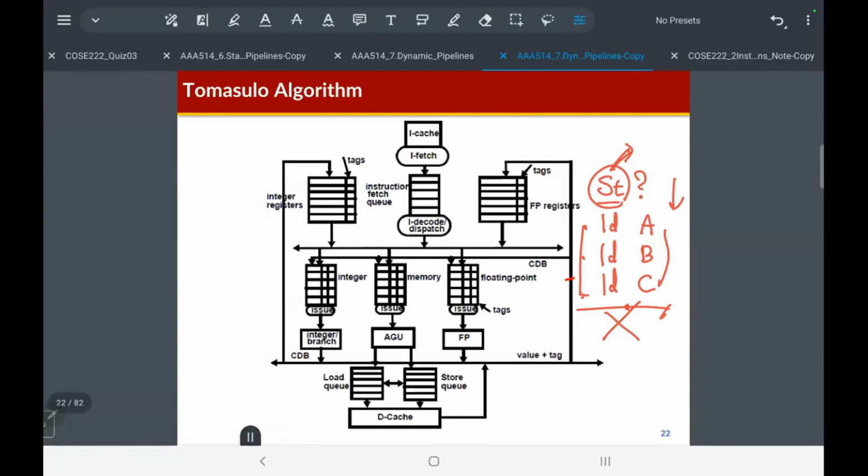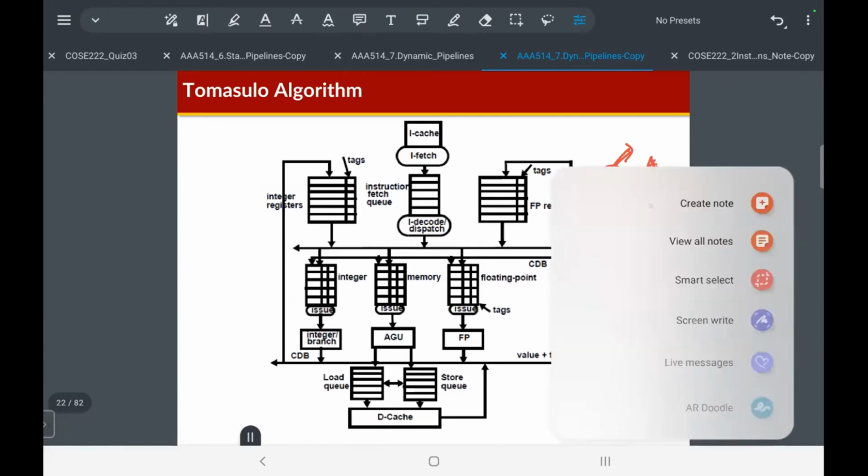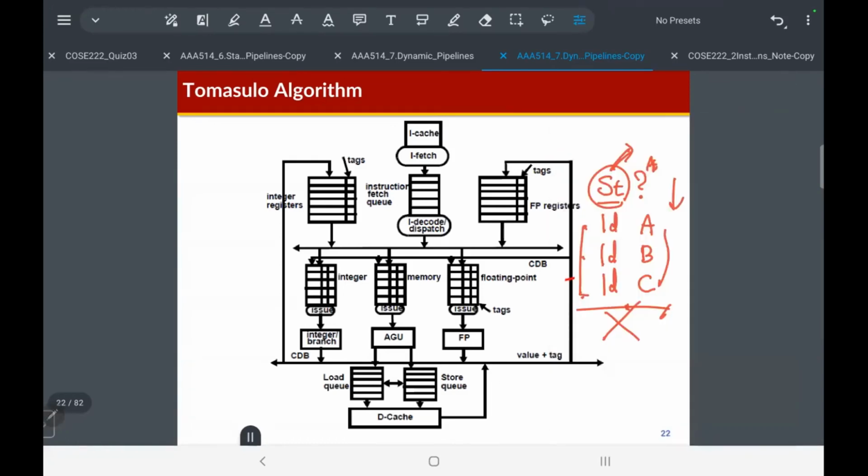But with a very low probability, the address can be the same as one of these load addresses. So when the address of the store instruction is unknown, the following load instruction cannot be executed.